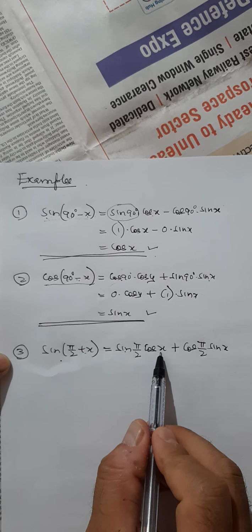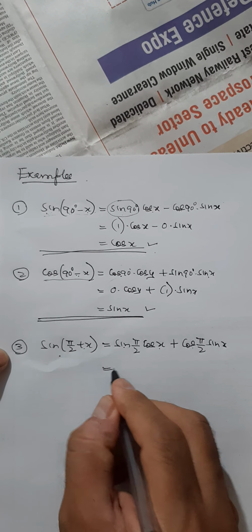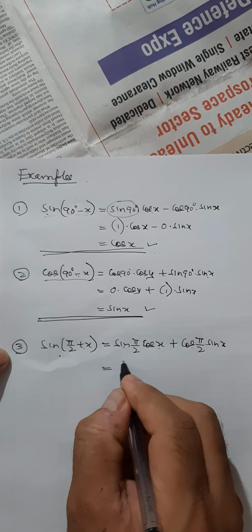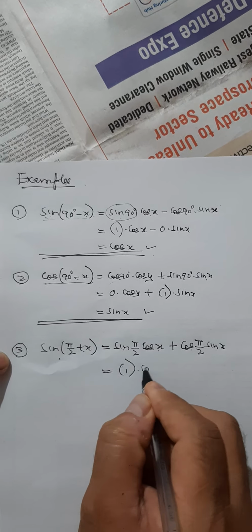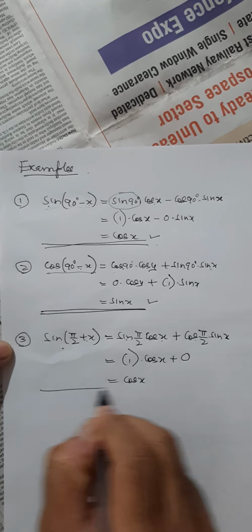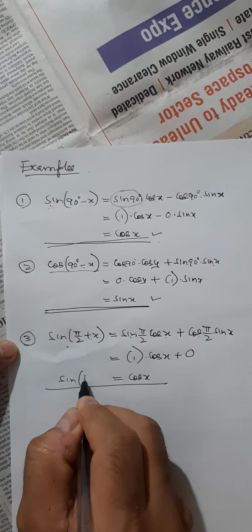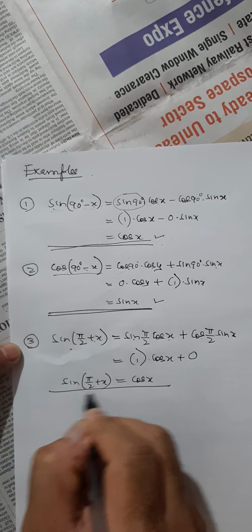Sin pi by 2, you know, 1 into cos x. You know cos pi by 2 is 0, so this is 0. So you see here it is something different: sin(pi by 2 plus x) equals cos x.